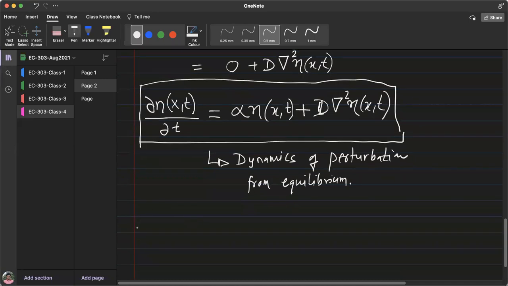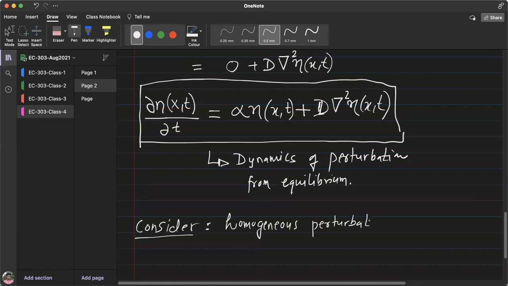Okay, so now what do we do? Let's consider a simple scenario, just for intuitive purposes, a scenario we already know. Just like we considered homogeneous equilibrium, can we consider a homogeneous perturbation?